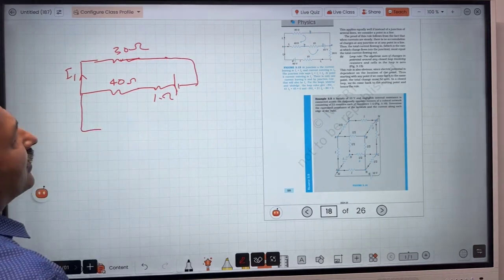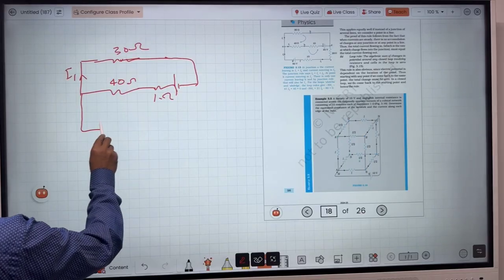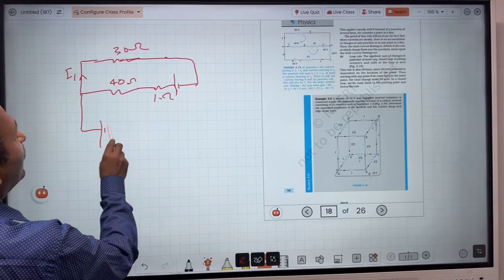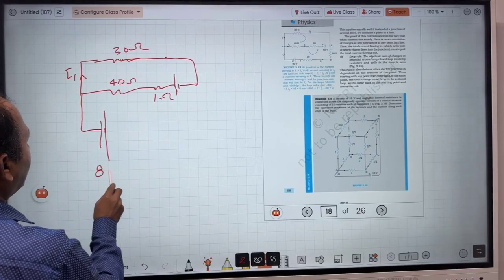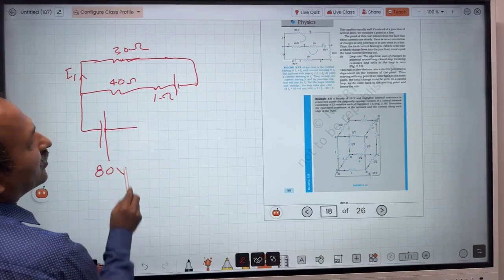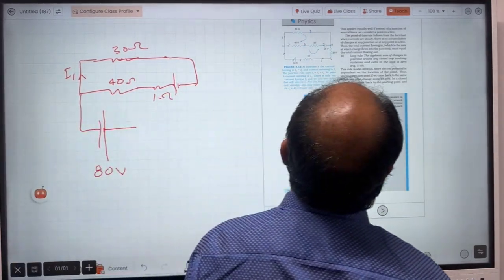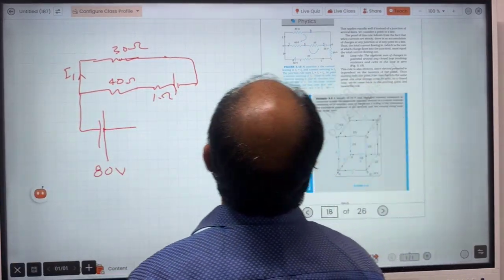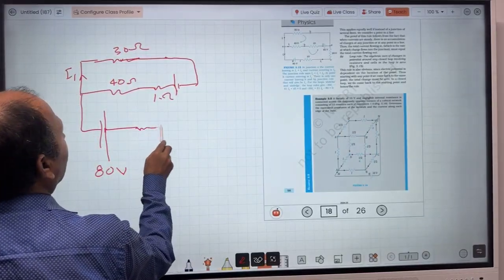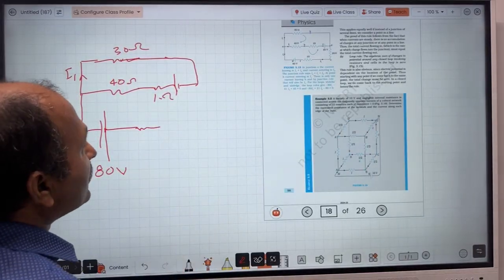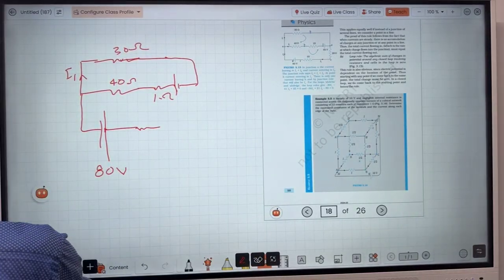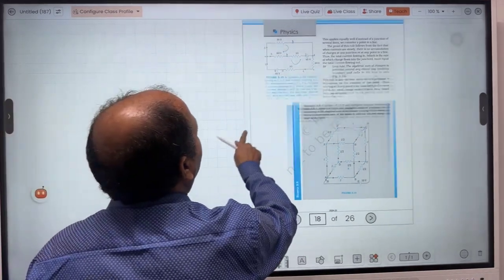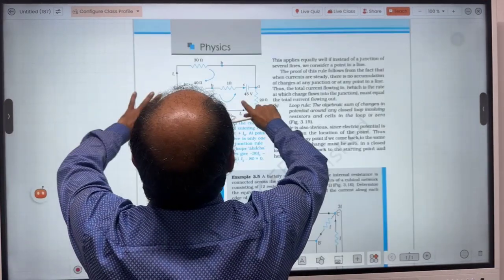After that there is another cell here with polarity like this, 80 volt, and there are two resistances, one of 1 ohm and another of 20 ohm. So 1 ohm and 20 ohm. Here a clear picture is there, so it is better.